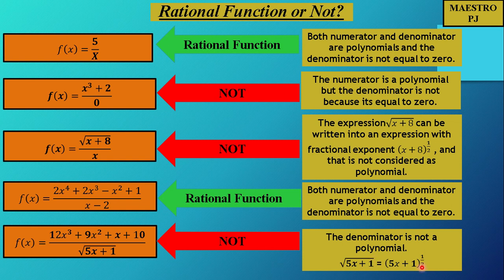At yung denominator natin na 2, galing yan sa index ng radical expression. Kapag square root sign, ang index natin ay 2. Kapag cube root, ang index mo ay 3. Kapag fourth root, ang index mo ay 4, and so on. So dito, sa example natin na to, since this is a square root, ang index mo ay 2, kaya ang denominator na nandito ay 2.